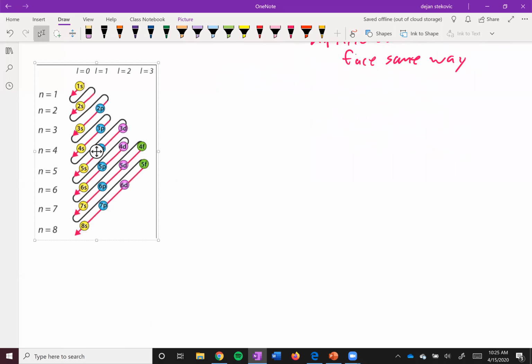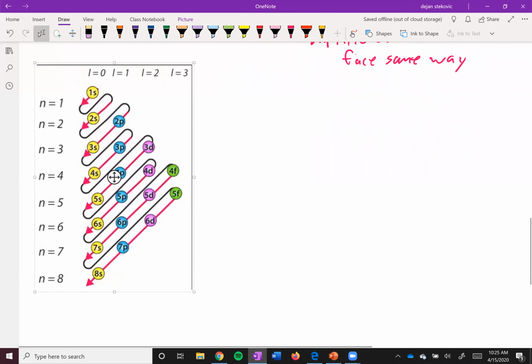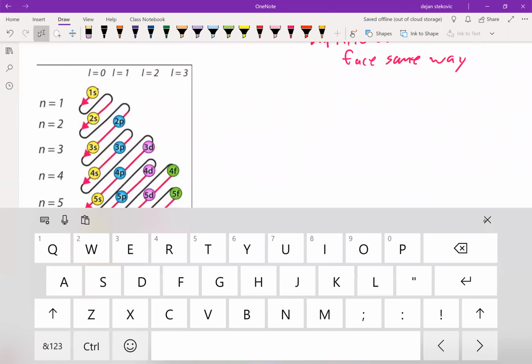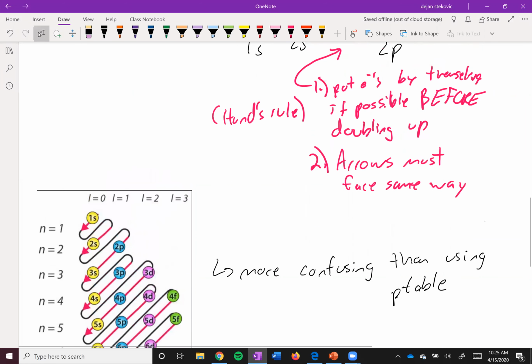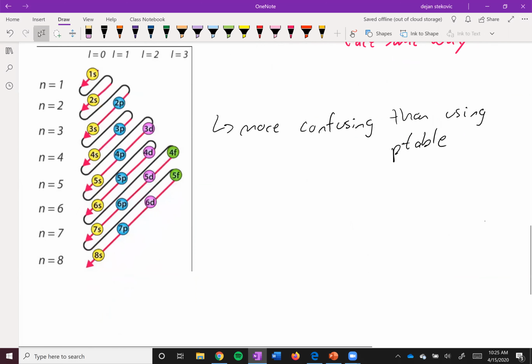This tells you how to fill orbitals as well, but in my opinion, it's just way more confusing than using the periodic table. And I think it's actually kind of going away. I think less and less people are teaching it. So in my opinion, it's the same thing as using the periodic table. It's just more confusing. So what's the point? Cool. So good to go there.